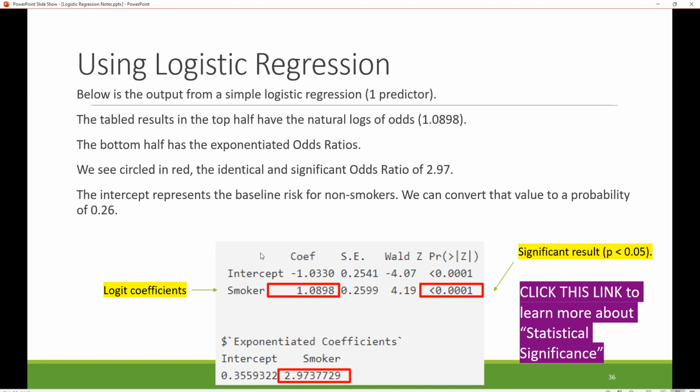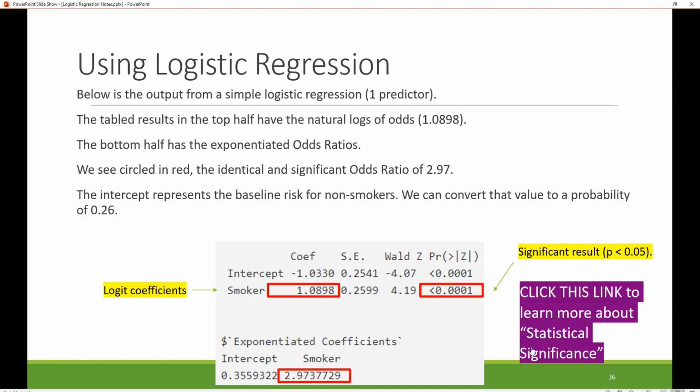In this data, we have an intercept, and that's kind of our baseline. That would be the baseline for non-smokers. We can convert that value to a probability of 0.26. On top, we have our values of our logits. We have p-values, so we know the difference between smokers and non-smokers is very significant.